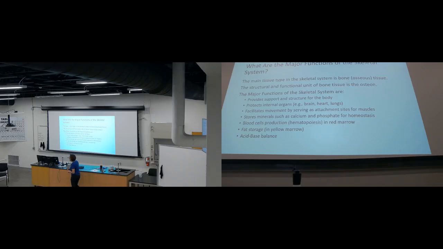Blood cells are produced in the bone marrow. The bone marrow is a cavity inside long bones. If it is producing blood cells, it is called red marrow. In young people, you have a lot of red marrow in your bones. As we age, this red marrow is converted into yellow marrow, which is basically storage of adipose tissue.